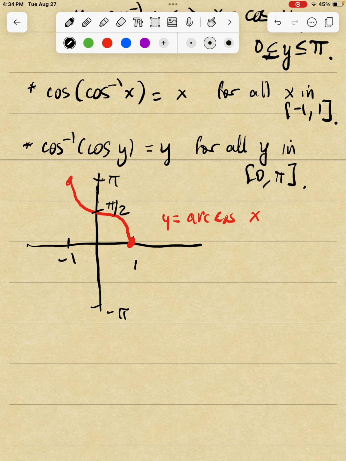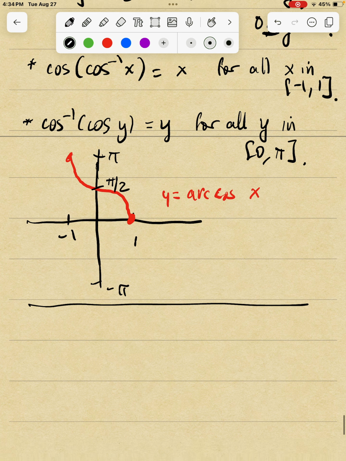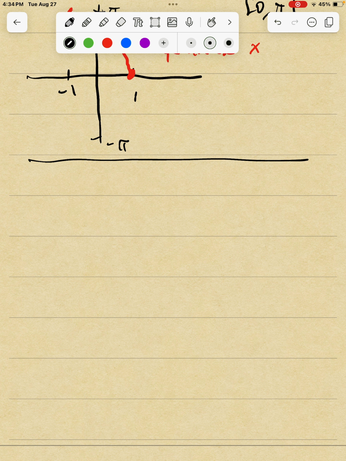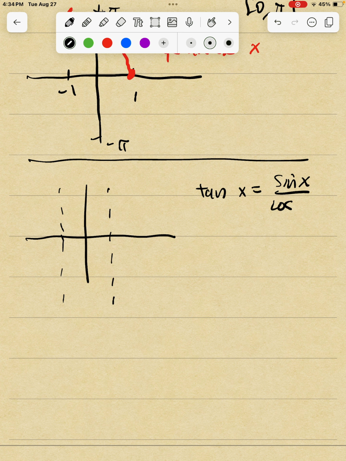So that's arc cosine. Now let's talk about arc tangent. So tangent looks like this. Remember, tangent of x is defined to be sine x over cosine x, and you have vertical asymptotes when cosine of x is 0, and that's at pi over 2 and 3 pi over 2.